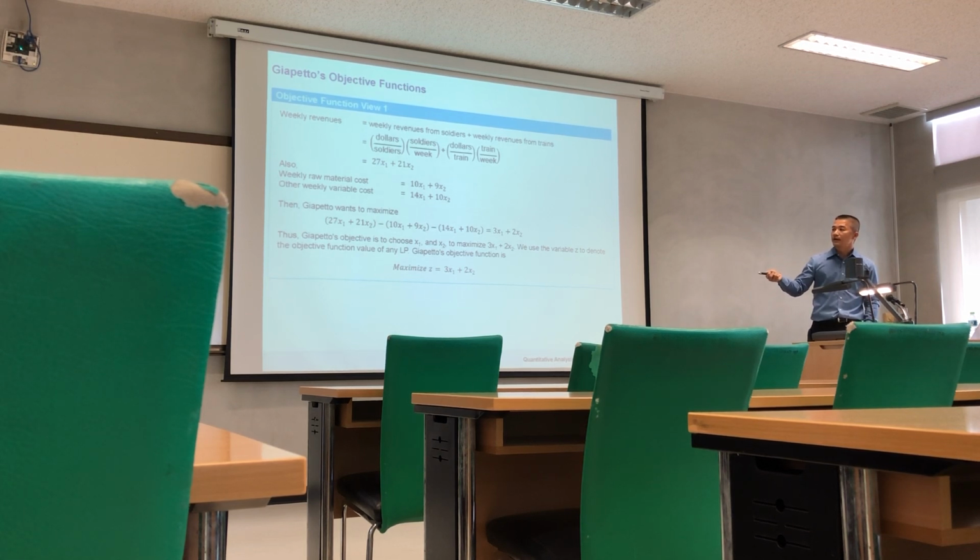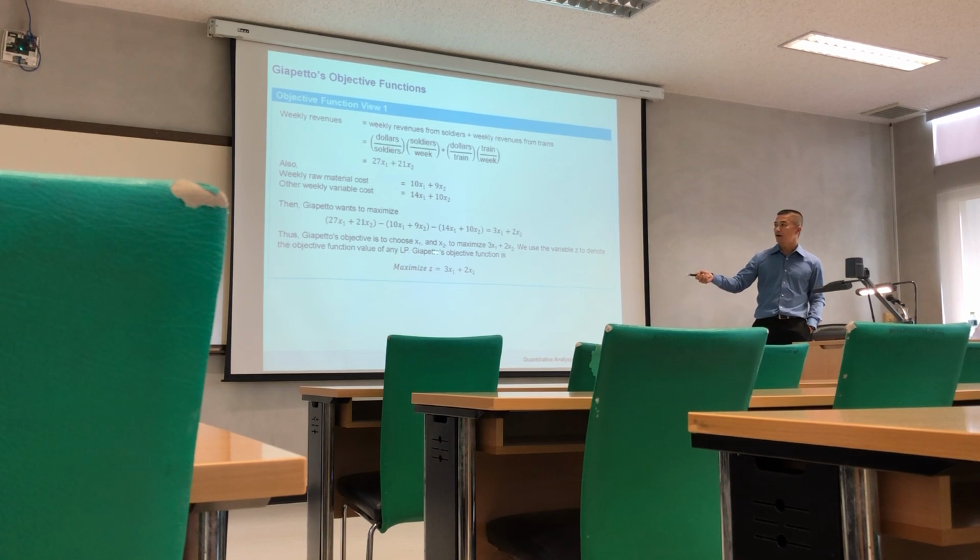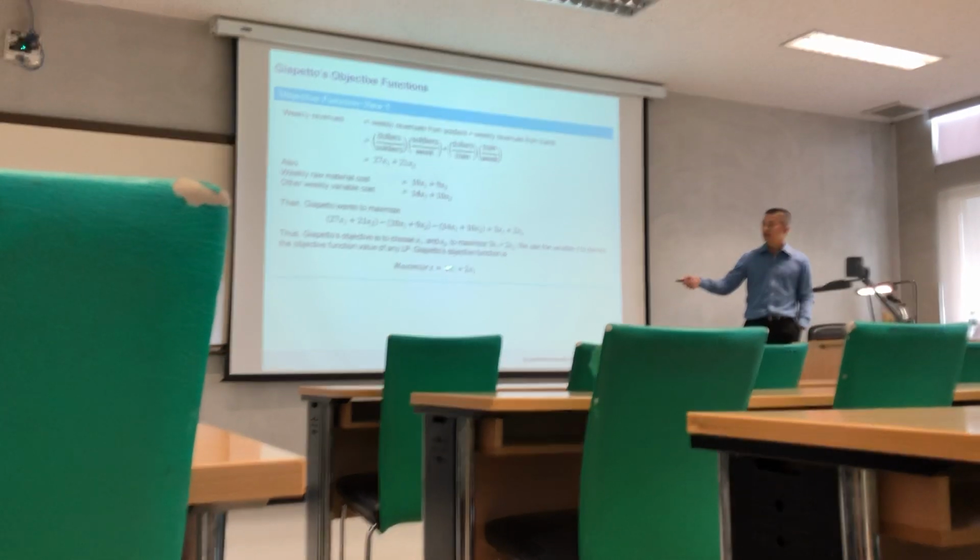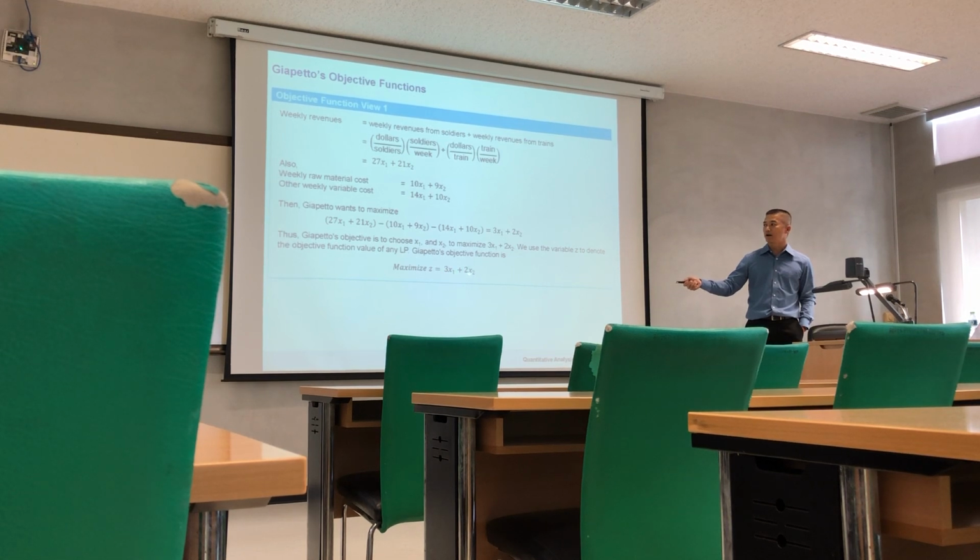So this company wants to choose x1 and x2 that maximize 3x1 plus 2x2. We use the variable z to denote the objective function value of any linear programming. So maximize z equal to 3x1 plus 2x2.